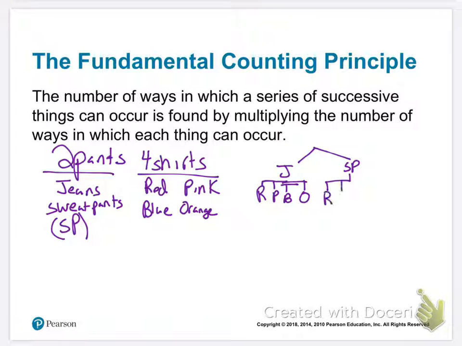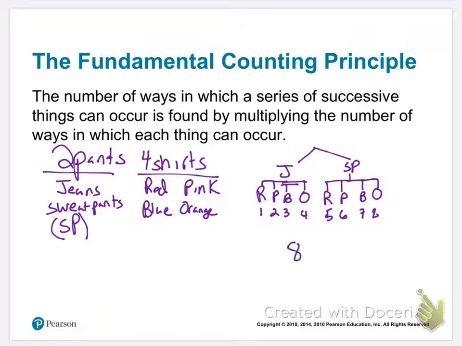So how many options did we have? Jeans with red, pink, blue, or orange shirt, and sweatpants with red, pink, blue, or orange shirt. So you technically have 8 options.